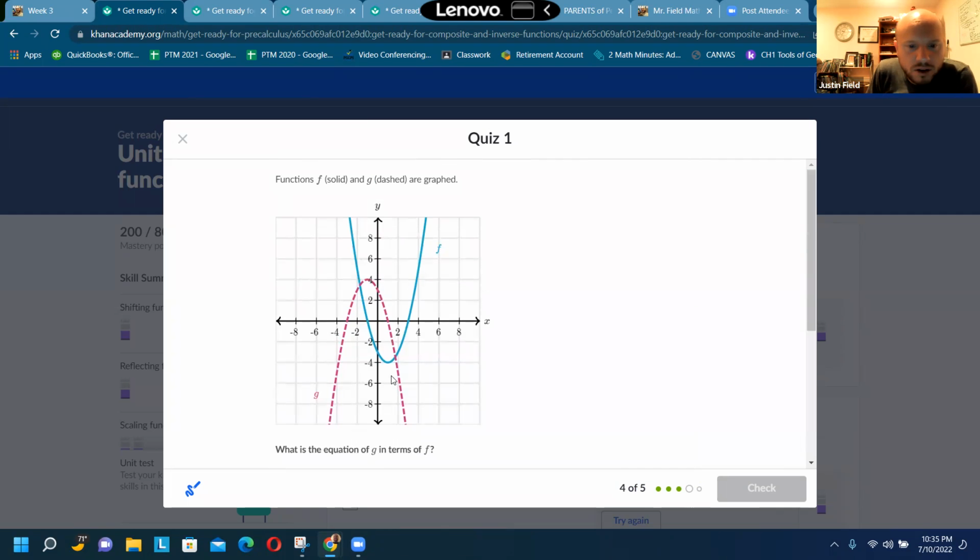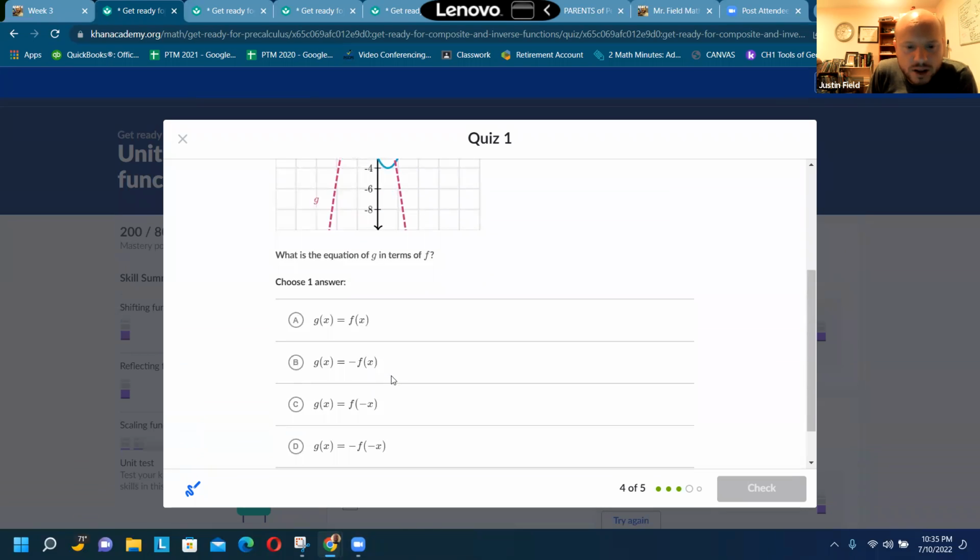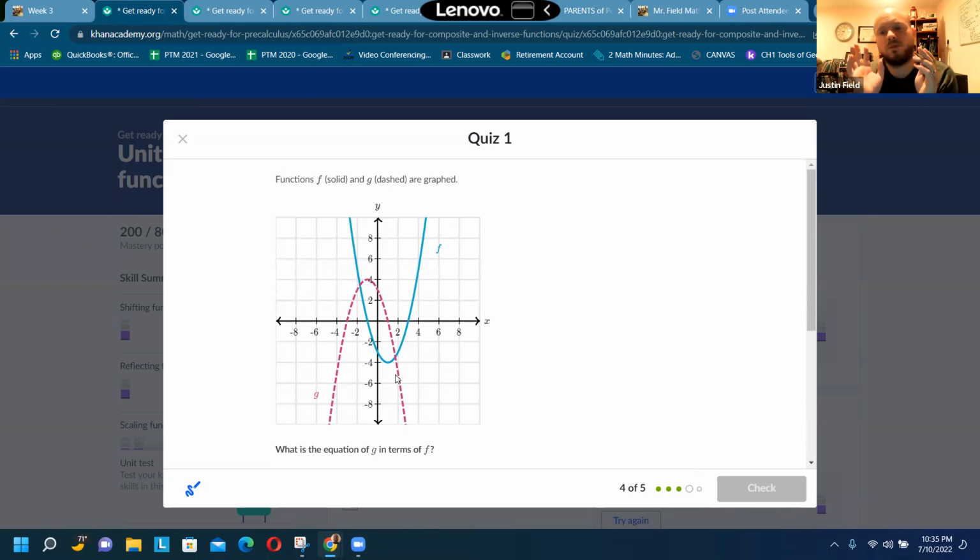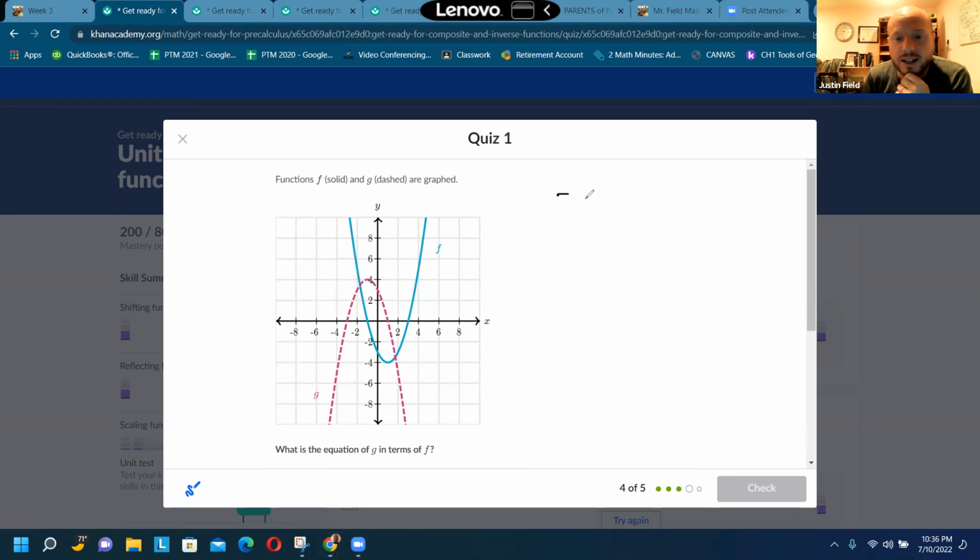Oh, that's interesting. Okay, so I could argue that it is what I said, but now looking at the choices given, it's reflected over both axes. It's reflected over the x-axis and it's reflected over the y-axis. So again, if it was reflected over the x-axis, then we would see this.